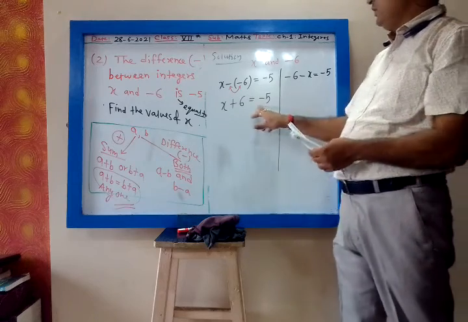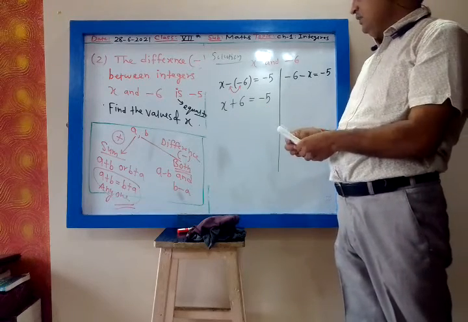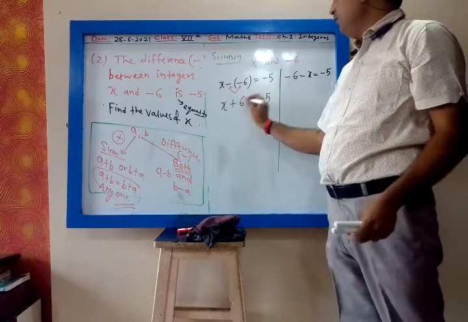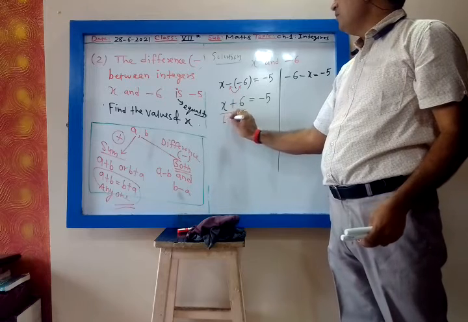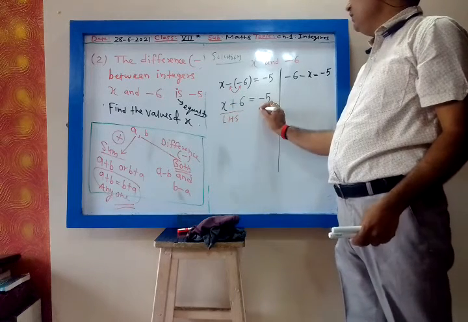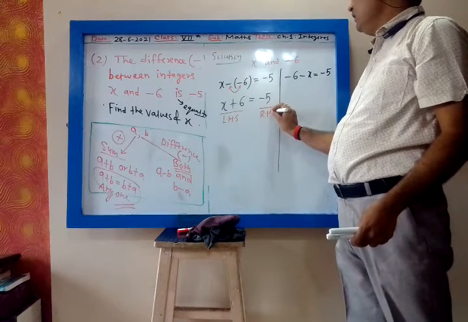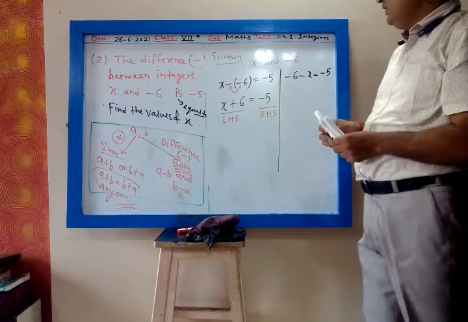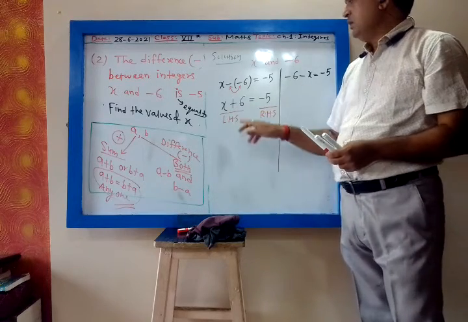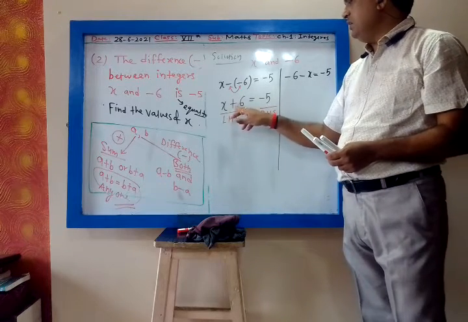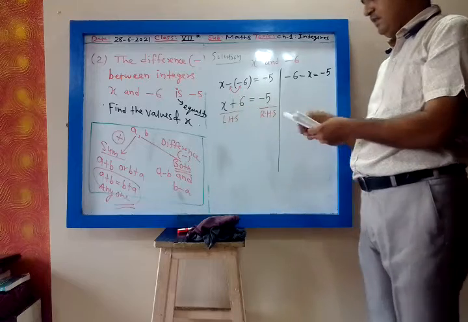Let me solve this first. This is my left side, before the equal sign, and after the equal sign it is the right side. On the left side 6 is there with a plus sign, so I will take this 6 on the right side, and it will be minus 6.